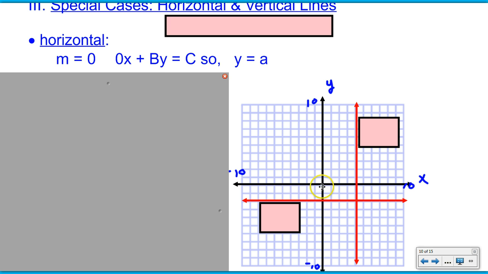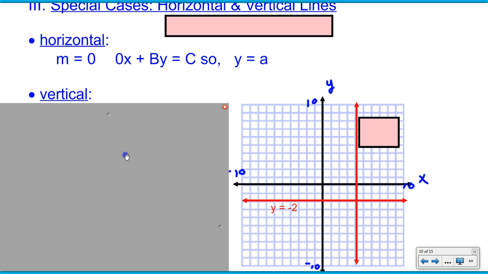Any 2 points. You could name this point 0, -2. And we could name this point, which is at 2, -2. So they both have the same y value of -2, as do all the points on the line, right? So we could name this line y equals -2, right?